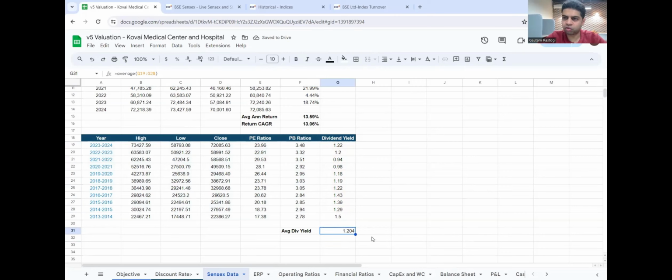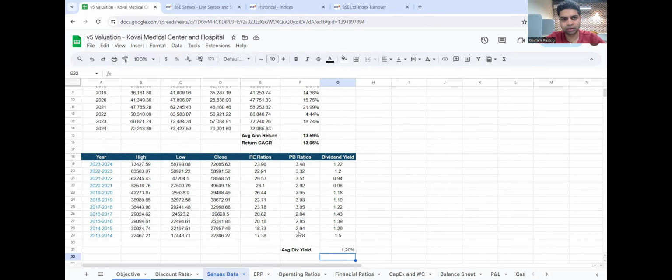It's 1.204. Now let's convert it into percentage. Okay. Click here and then, so we clicked here, percent sign, and then let's divide by 100. Simple. Okay. So we have the average dividend yield for the last 10 years estimated as well.